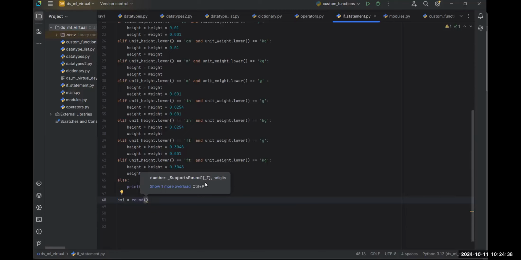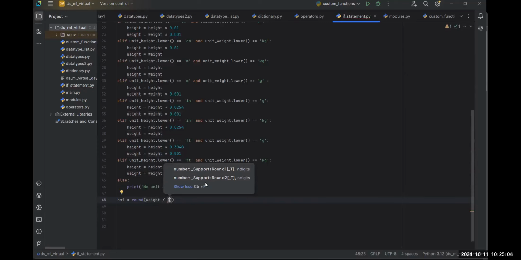So at every stage, whatever value the user is inputting, let's just round it to 2 decimal places for us. So when I say round, now our BMI formula is weight divided by height.